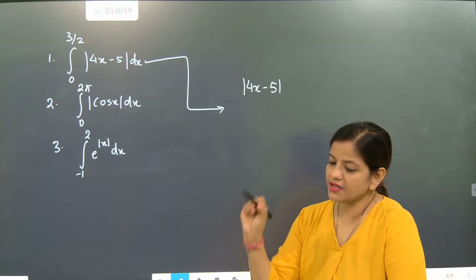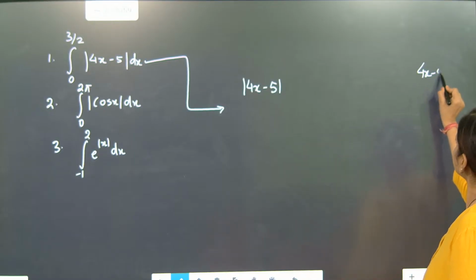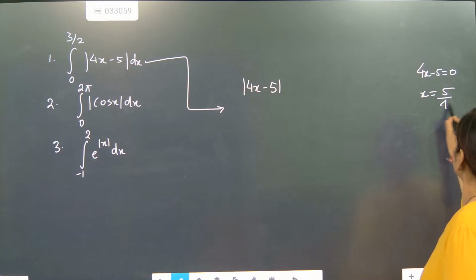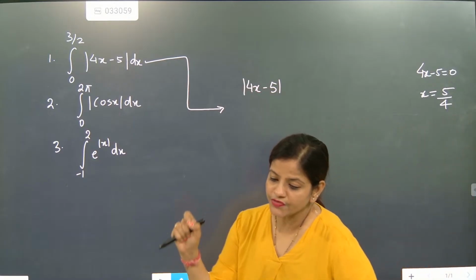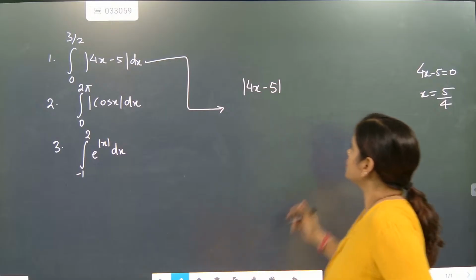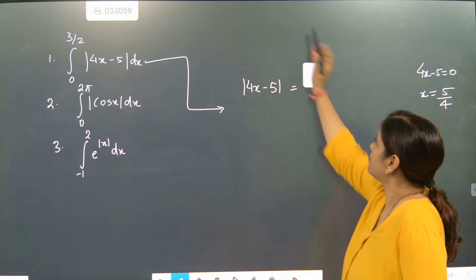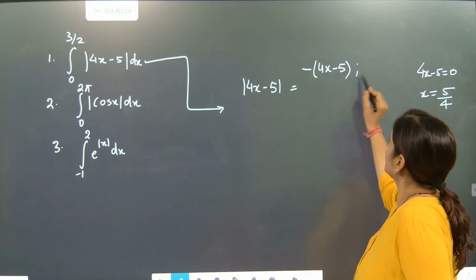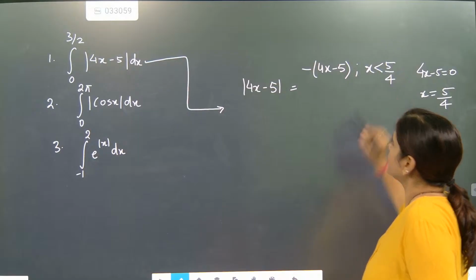First, make it equal to 0. So it is coming as x is equal to 5 by 4. One time this part will open with minus, when x is less than 5 by 4.